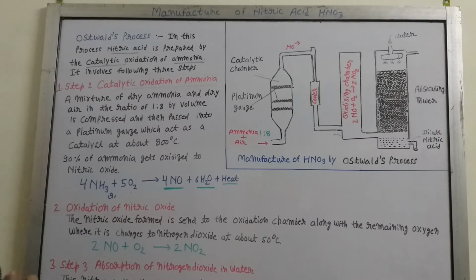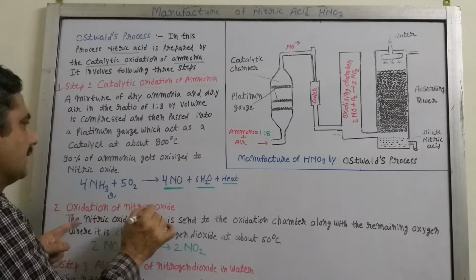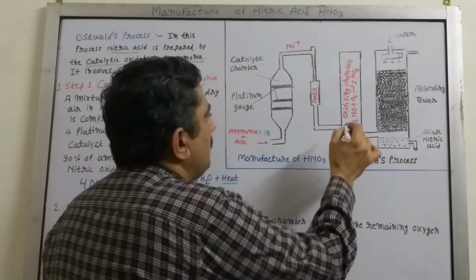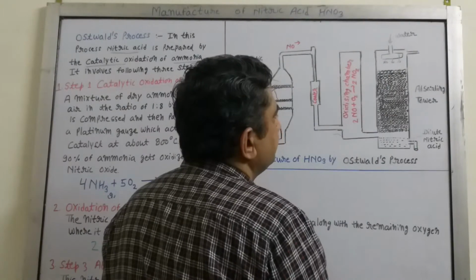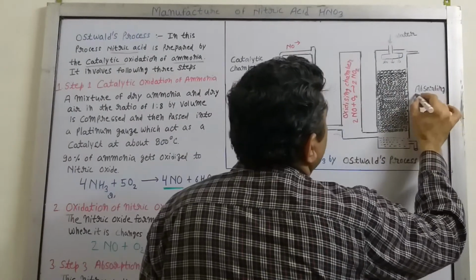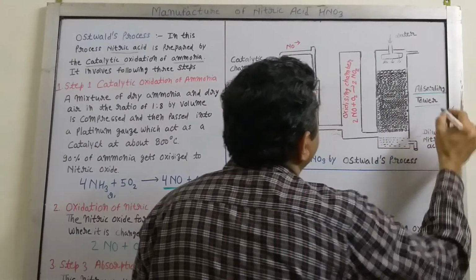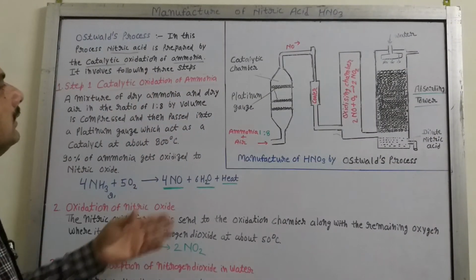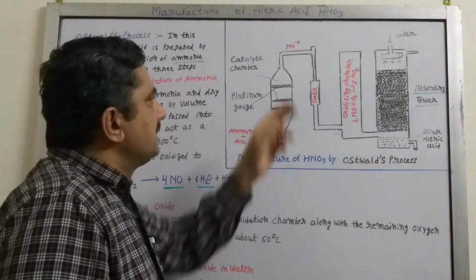Number 2, oxidation of nitric oxide. This is called the oxidation chamber. And third, it is called the absorbing tower. We obtain nitric oxide.